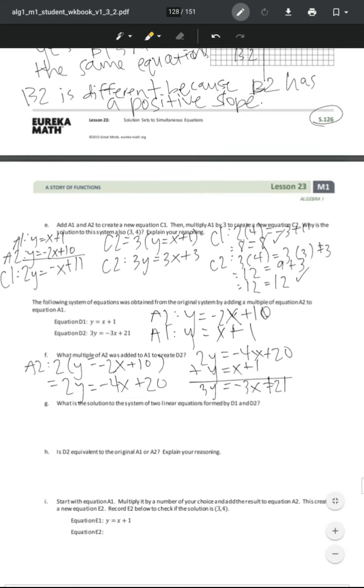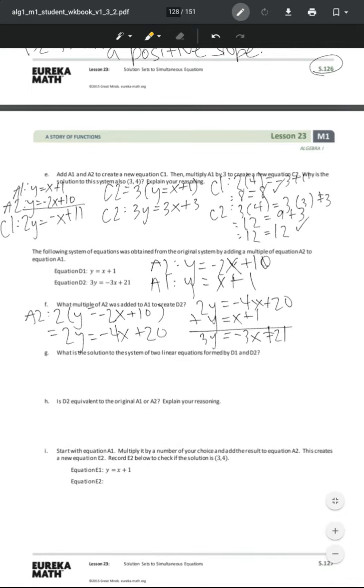So part G says, what is the solution to the system of two linear equations formed by D1 and D2? We know that these equations are found by manipulating A1 and A2. So if the solution to A1 and A2 is (3, 4), let's check to see if the solution to D1 and D2 is (3, 4).